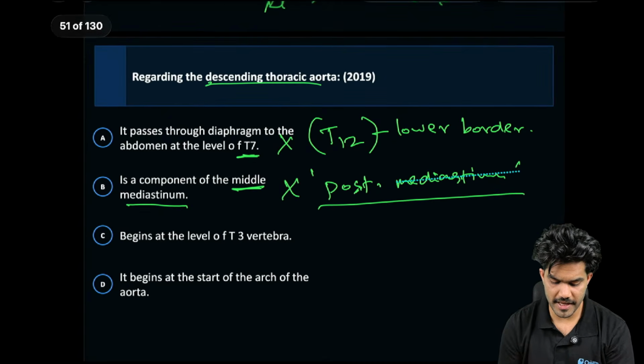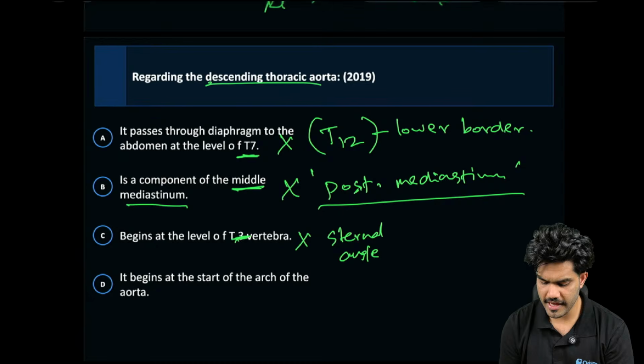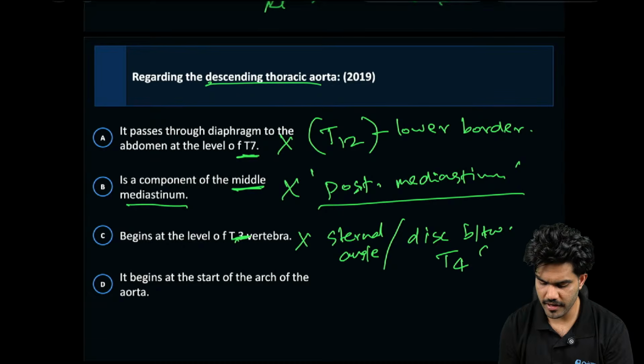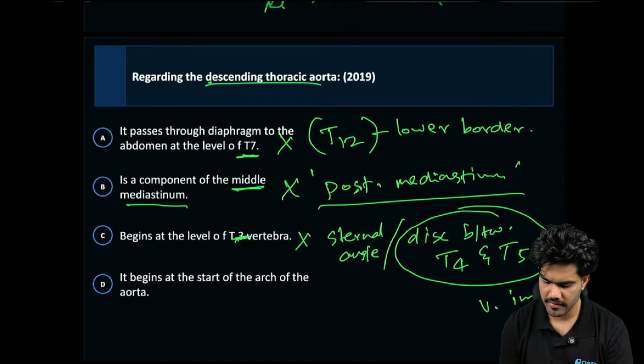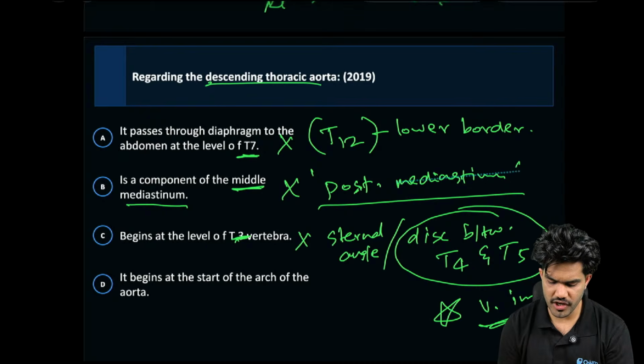Begins at the level of T3. No, where it begins? At the sternal angle, or we can say disc between T4 and T5. This location is very important. Star mark. It begins at start of arch of aorta.